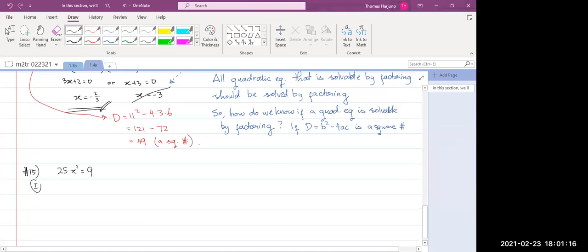The first one, if you want to use factoring, that's 5x plus 3, 5x minus 3 equals 0. So x equals negative 3/5, that's my x1, and x2 is 3/5. Now that's method 1. The second method, square root property.